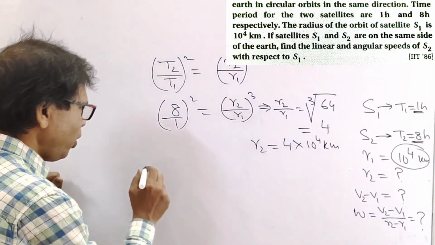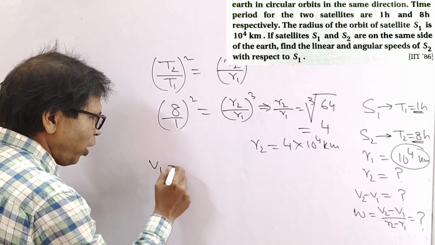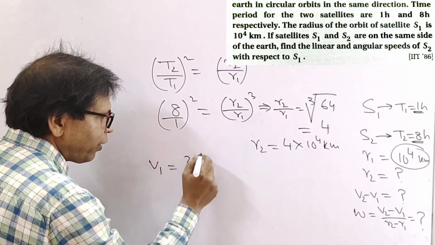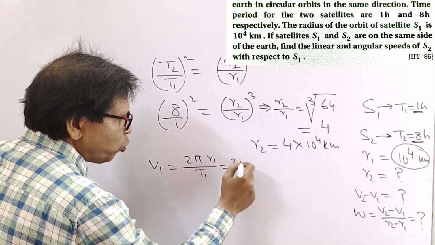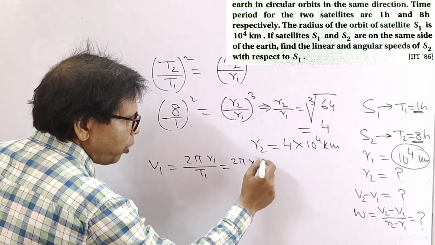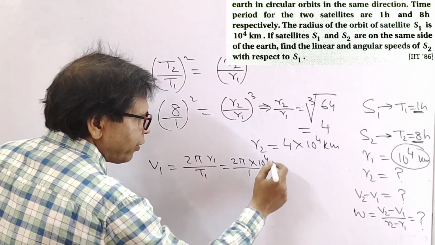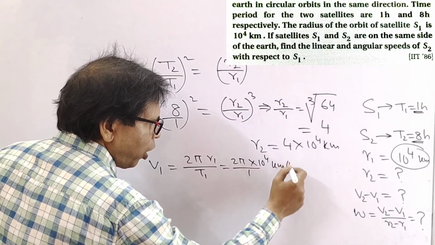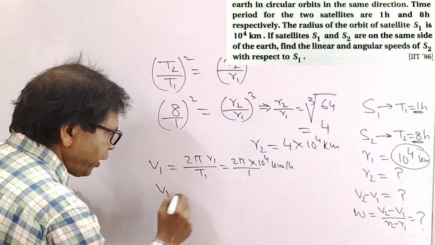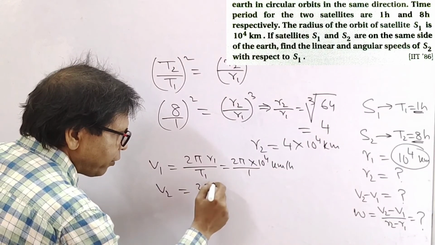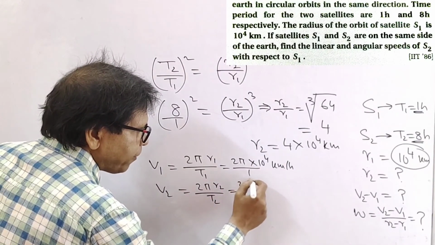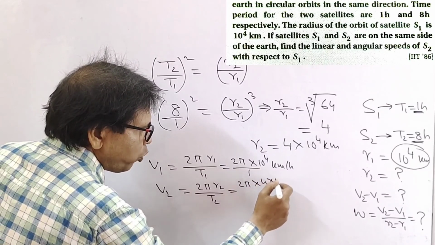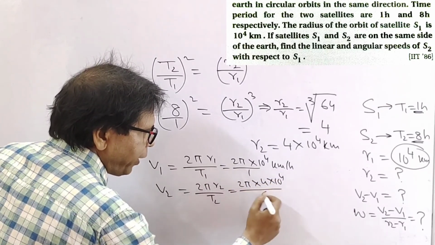Now velocity of the first, V1. The velocity of the first, V1, is 2 pi R1 by T1. So this is 2 pi into 10 to the power 4 by 1, in kilometer per hour. Now velocity of the second: 2 pi R2 by T2. So 2 pi into 4 into 10 to the power 4 divided by 8.